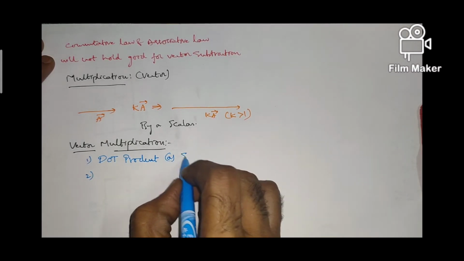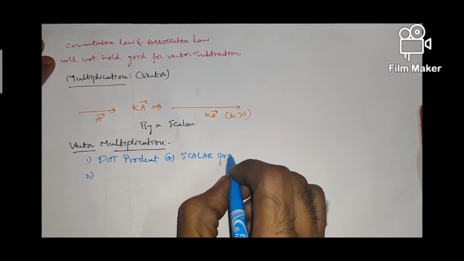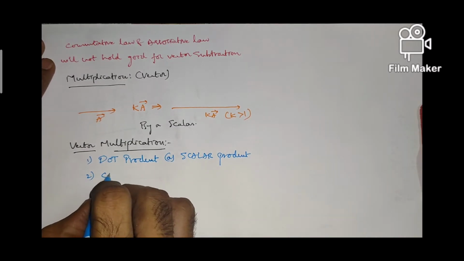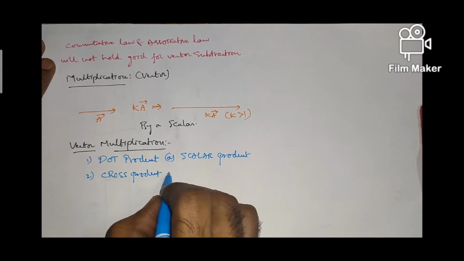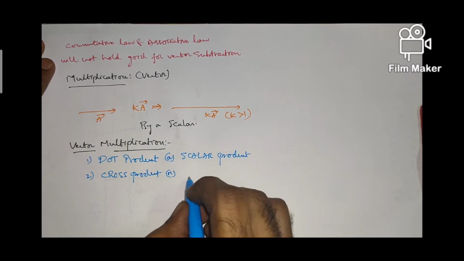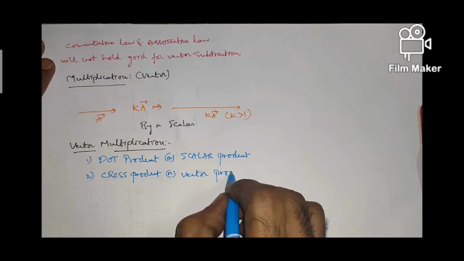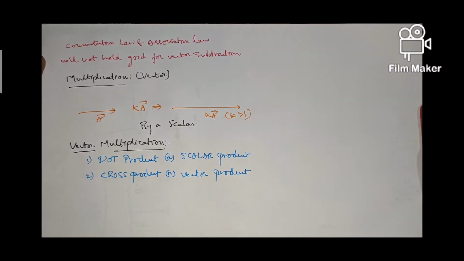Dot product is also considered as scalar product. Here the output will be a scalar quantity. The next one is cross product or vector product. Here the output will be a vector quantity, I mean the resultant.